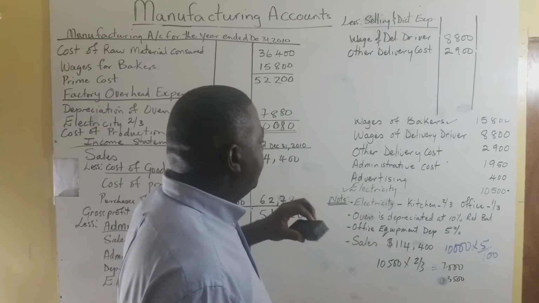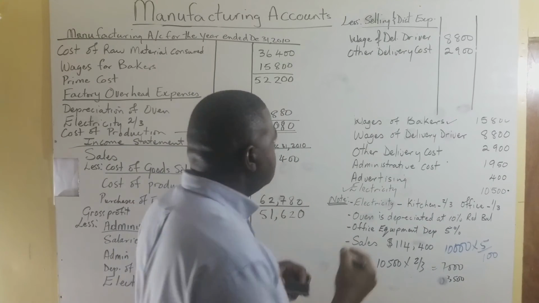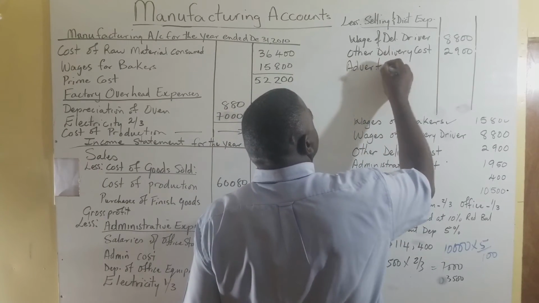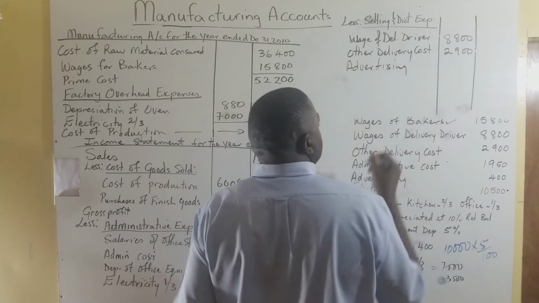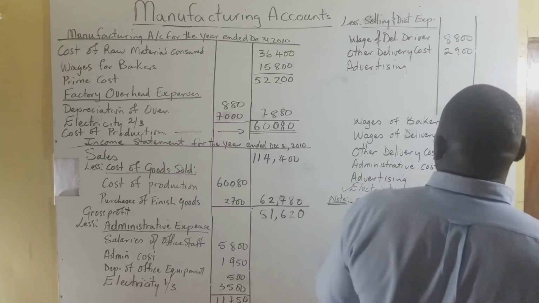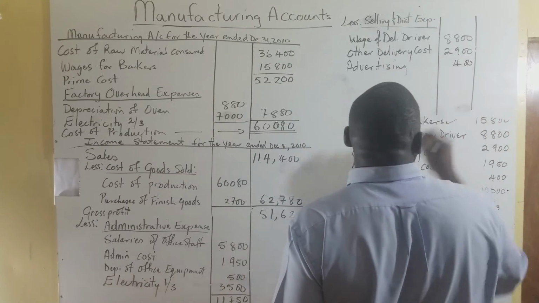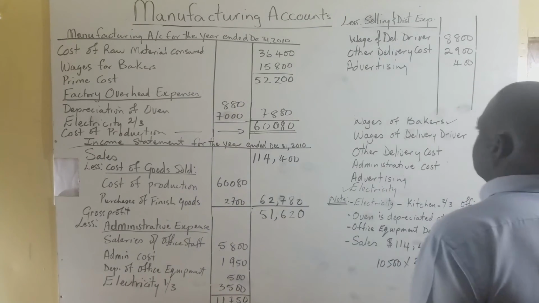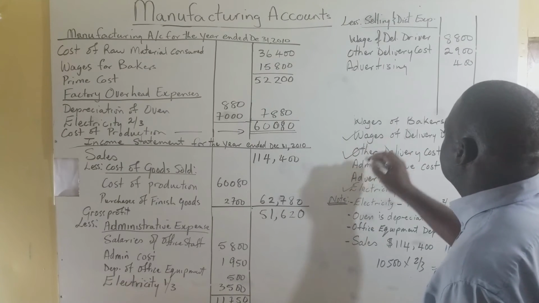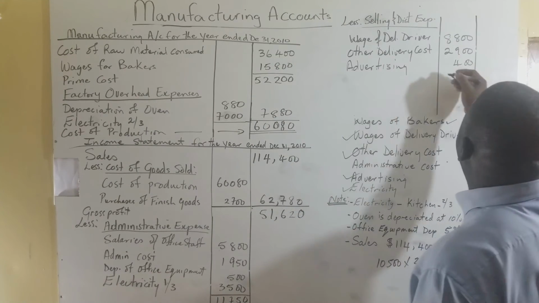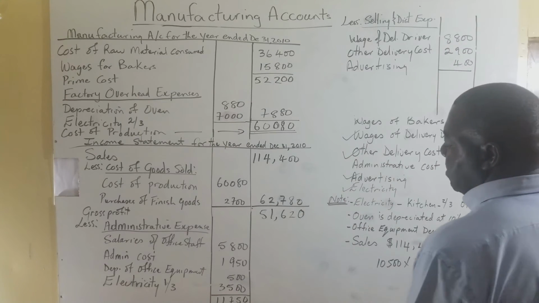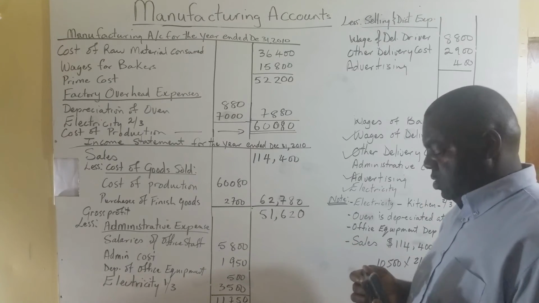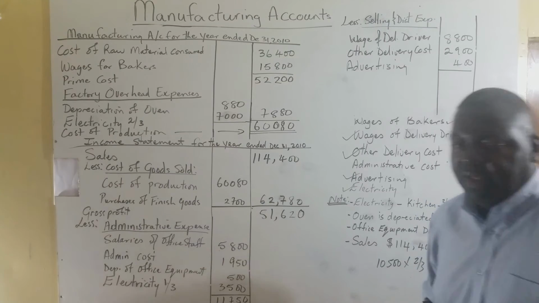And we also have advertising. Advertising cost is $400. So we have those items to contend with. This one, and this one. So we would add these plus this total, to subtract from the gross profit to give us the net profit. Let's do that.